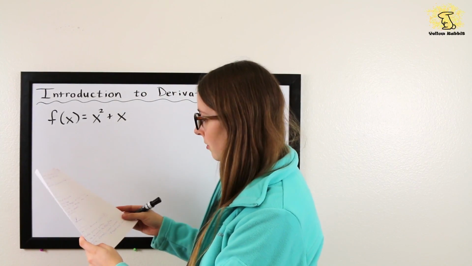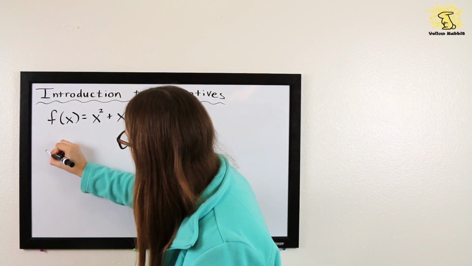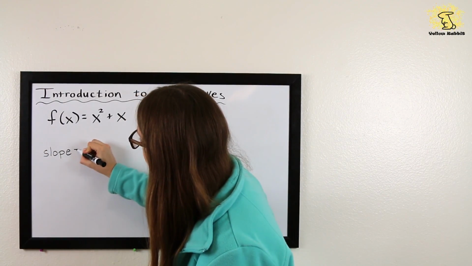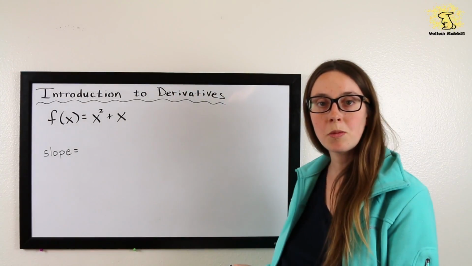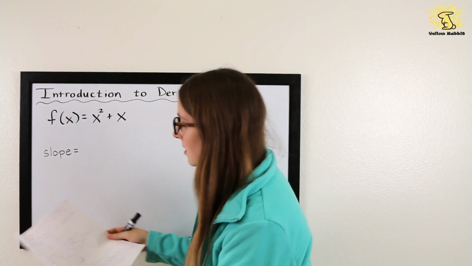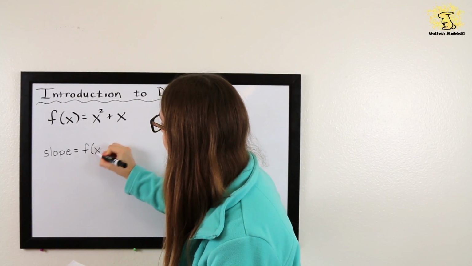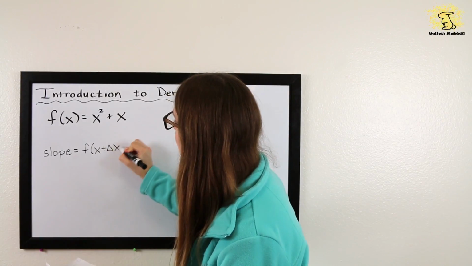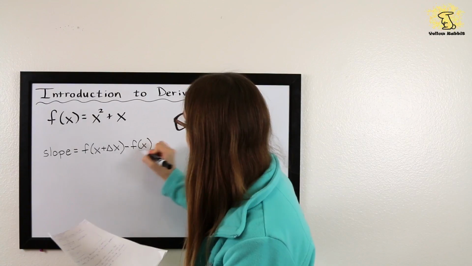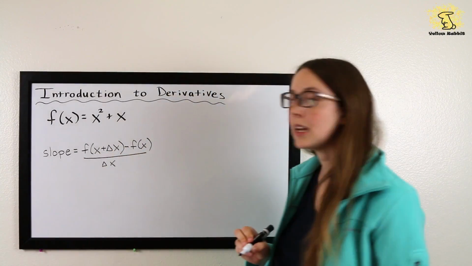So recall from before that if I want to find the instantaneous rate of change, or the slope of that line tangent to the curve, it's simply going to be f of x plus a small change minus f of x divided by that small change.